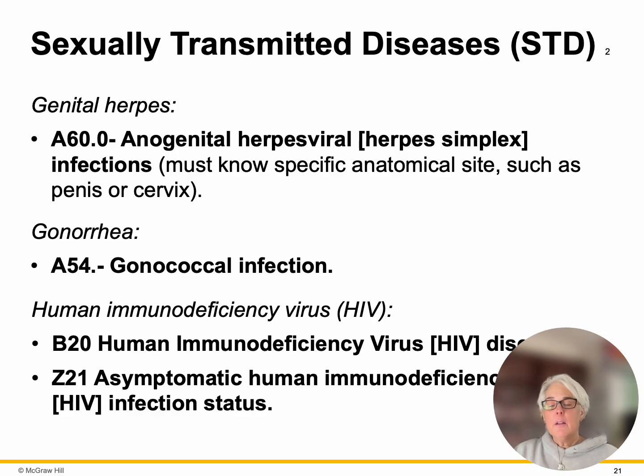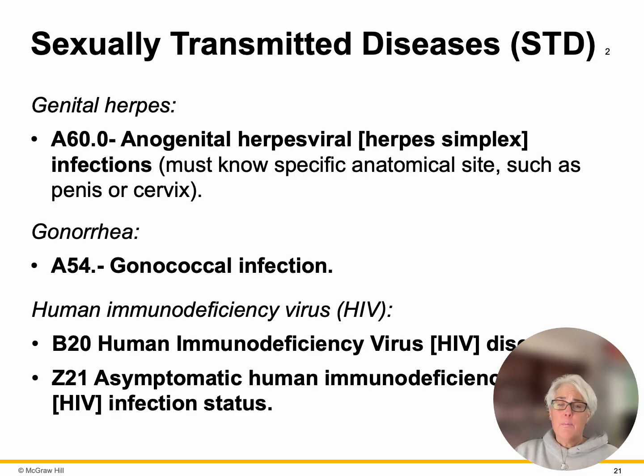For HIV, please remember the difference between B20, which is for HIV disease, and Z21 for asymptomatic HIV status. Once a patient has any HIV-related condition and is coded with B20, they stay a B20. They cannot go back to Z21.